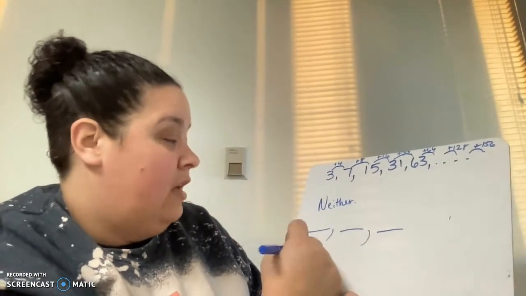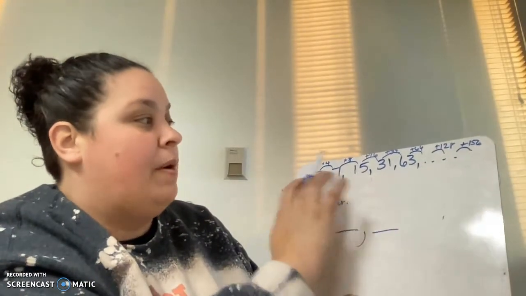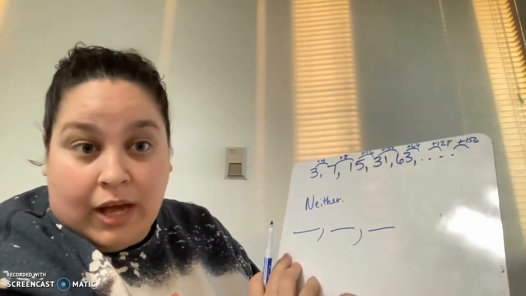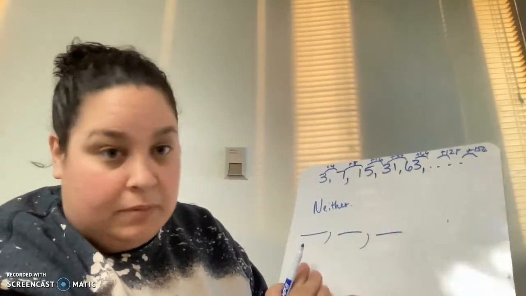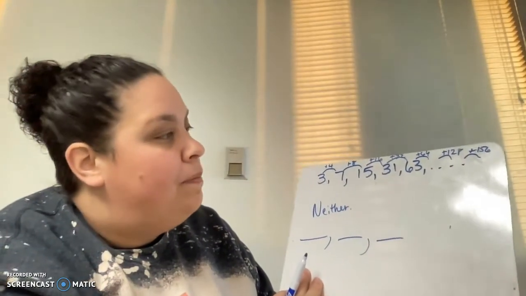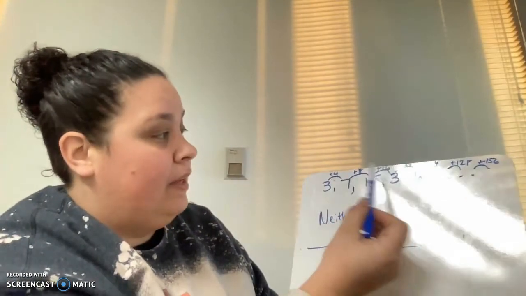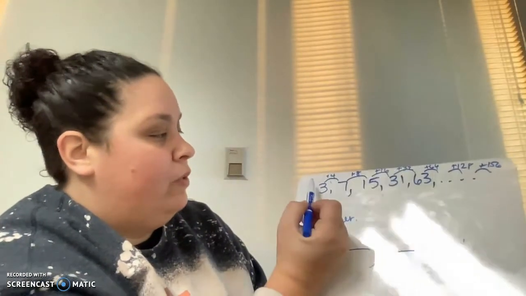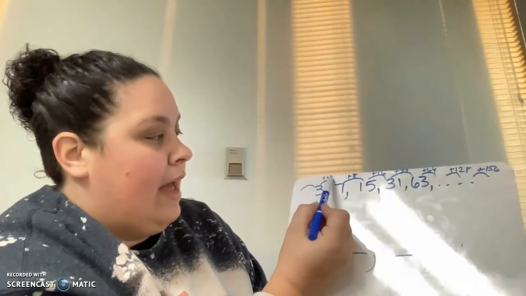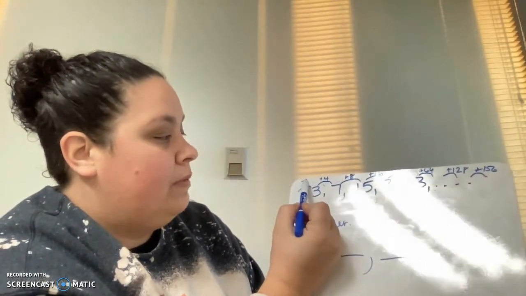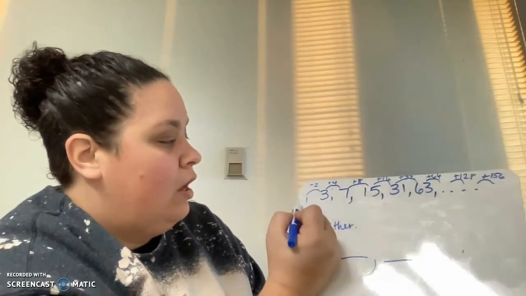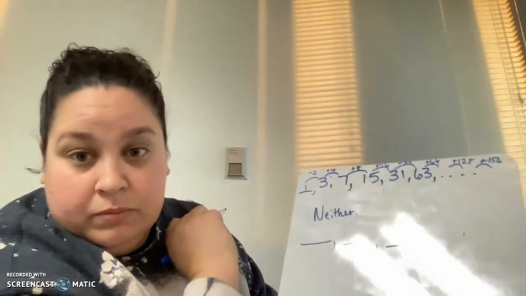My pattern is the amount I'm adding is doubling each time. And then I can find my 0th term because, again, if it's doubling each time, this doubled, which means half of that would be 2. So I'm going to subtract 2 and get a 1 as my 0th term. That would be if I had neither.